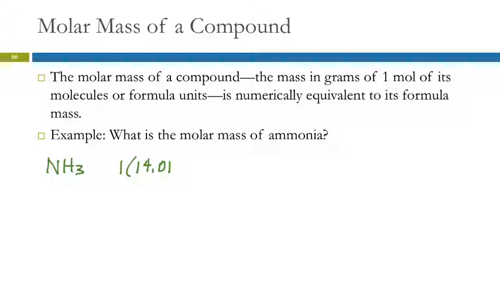One atom weighs 14 atomic mass units. 1 mole of atoms weighs 14 grams. And we have 3 moles of hydrogen, and a mole of hydrogen weighs 1.008 grams.